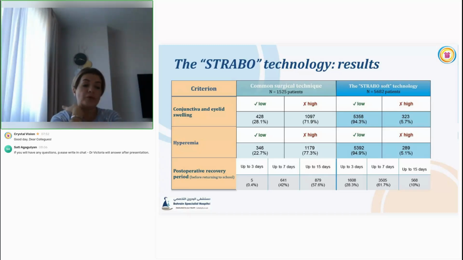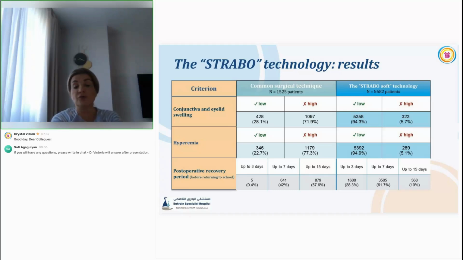And so we operated on 7,207 children with concomitant horizontal strabismus, with 1,525 surgeries performed using the conventional surgical technique, and 5,682 using our radio frequency minimal invasive strabismus surgery technique.